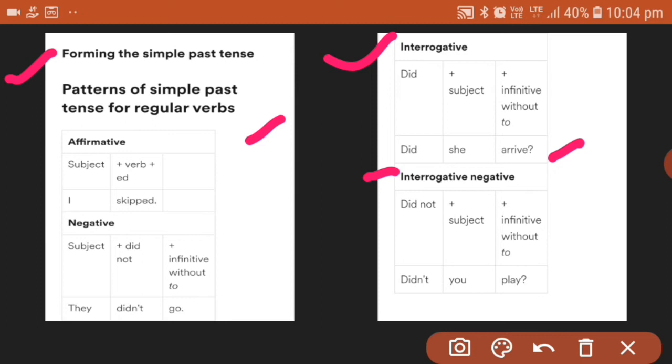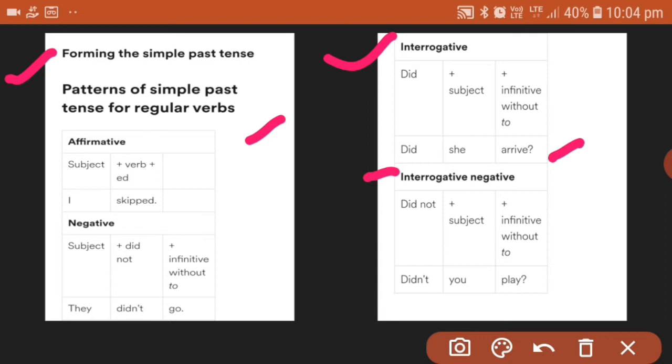Students, in two ways we can express this type of sentence. First, we can place the helping verb first, after that the subject, and just after the subject we have to place not. Second, if you want, you can combine did plus not.